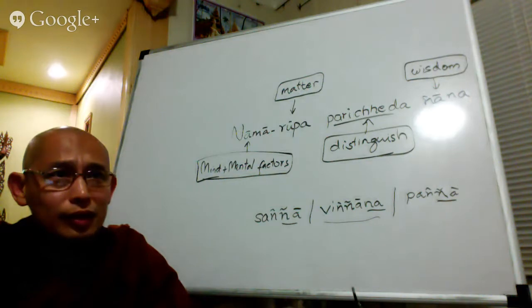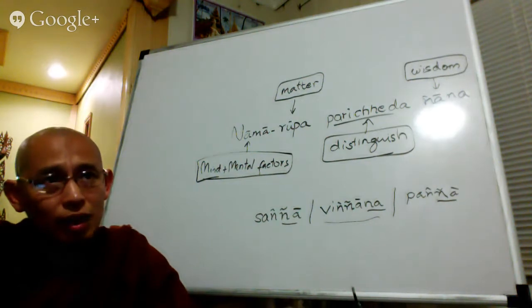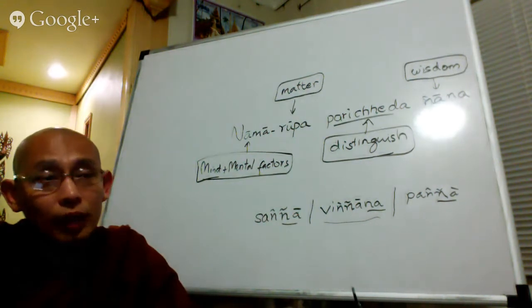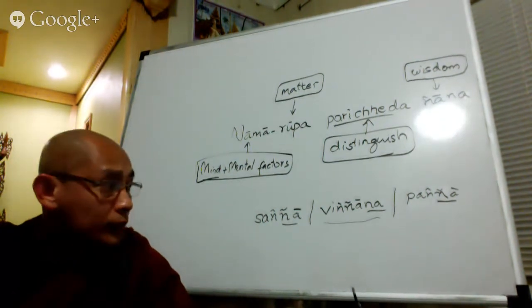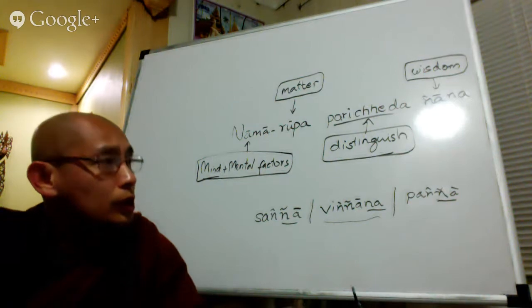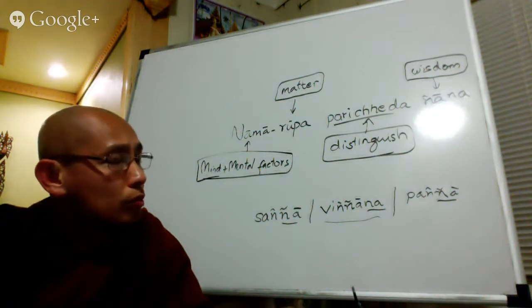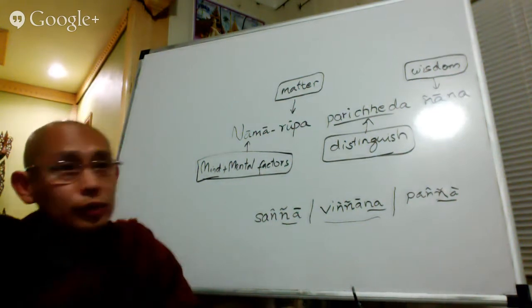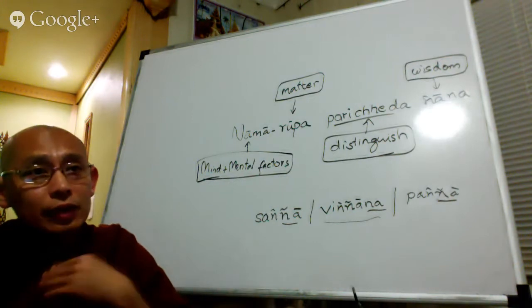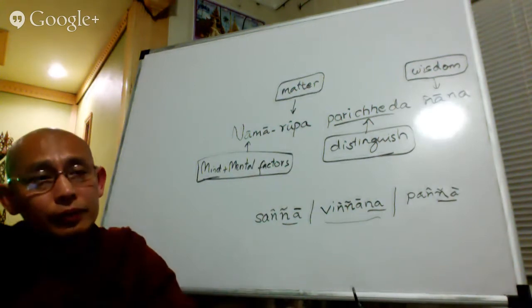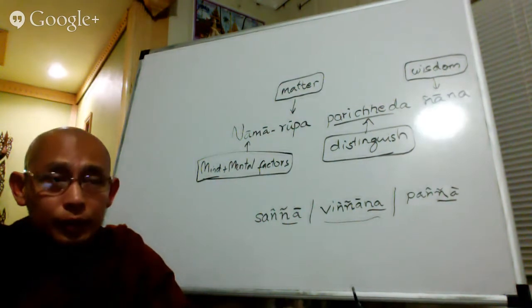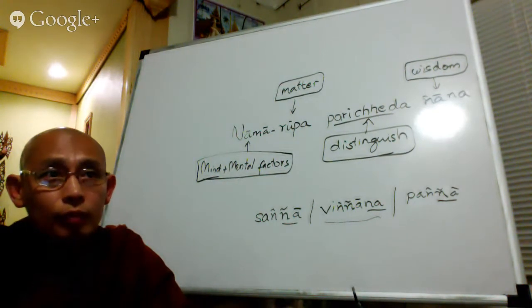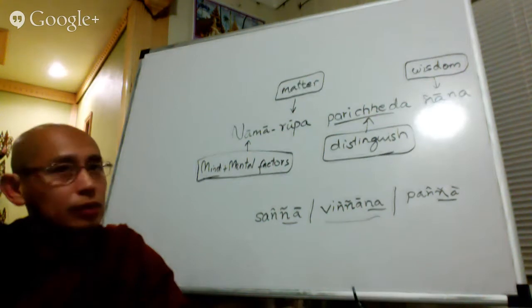The wind element is movement and supporting. The earth element is roughness, softness. And then the fire element: sometimes we feel warm, sometimes we feel cold. This is the individual characteristic of the fire element.